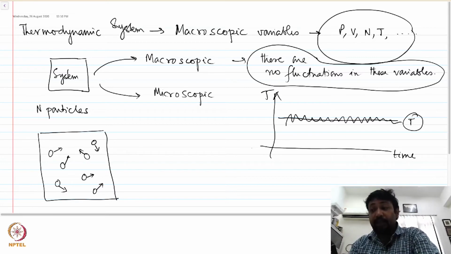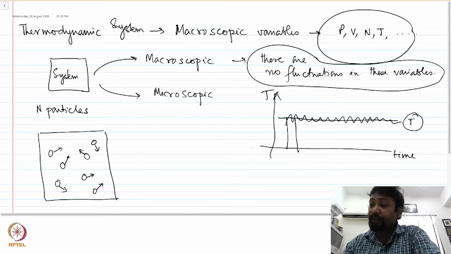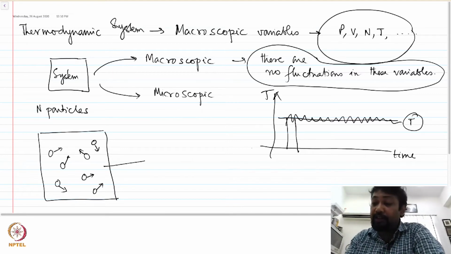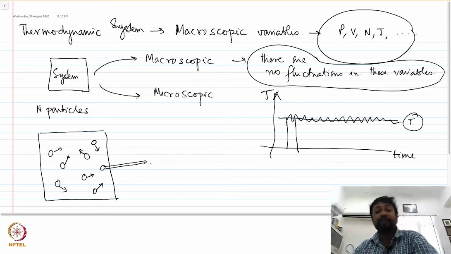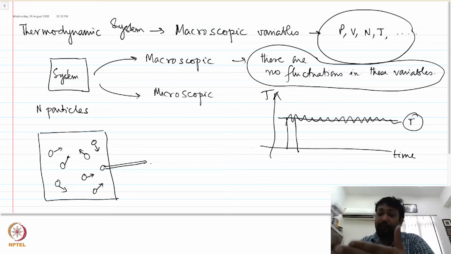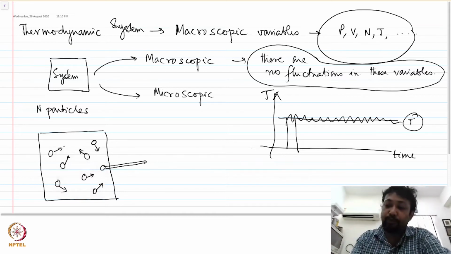What does that mean? If I want to measure temperature at this instant, and if I want to measure at this instant, so if you have a thermometer, let's say if I attach a thermometer to this system, then clearly that measurement equipment also has a certain time scale. But within that time scale, I can see that this particle probably has moved to over here, this one has moved over here, this one has moved over here, and so on and so forth.